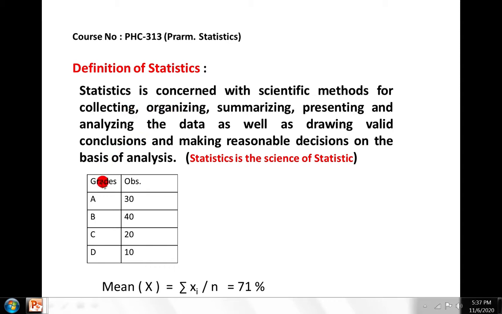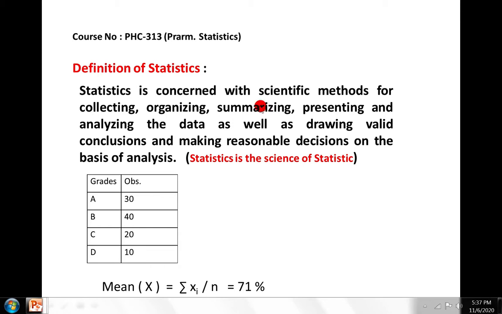For example, you can observe in this table, suppose you convert the data according to the grades A, B, C, D, and then the next step is summarizing: count how many observations lie in this group, grade A, how many in this B group, how many in this C group, how many in this D group. So this is called summarization of the data.